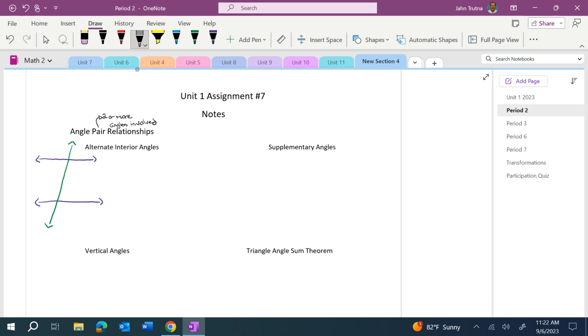For alternate interior angles, we have 2 parallel lines. That's one thing we have. That'll be like a bullet point. We have a third non-parallel line.